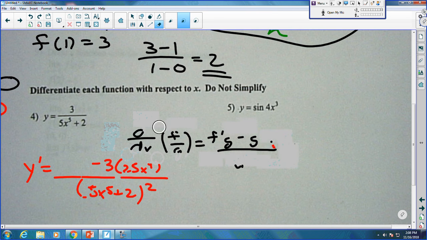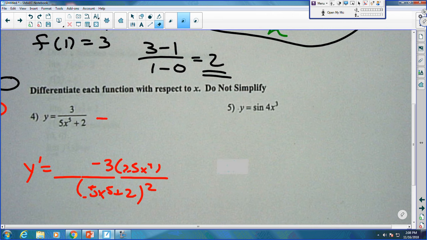All right, everybody. I should have said this at first. This is a rational function, polynomial over polynomial. So the point is it has to be quotient. Guys, when you look at number 5, it is not just a trig function. Number 5 is a composite. Does everybody follow me? It's a trig and a polynomial for an argument.